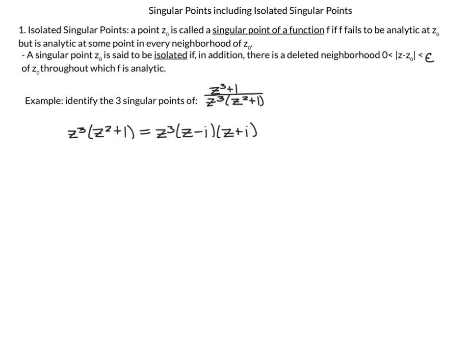So what I get is z cubed times (z squared plus 1) is equal to z cubed times (z minus i)(z plus i). So the denominator is equal to 0 at z equals 0, z equals i, and z equals minus i. So these are my three singular points.